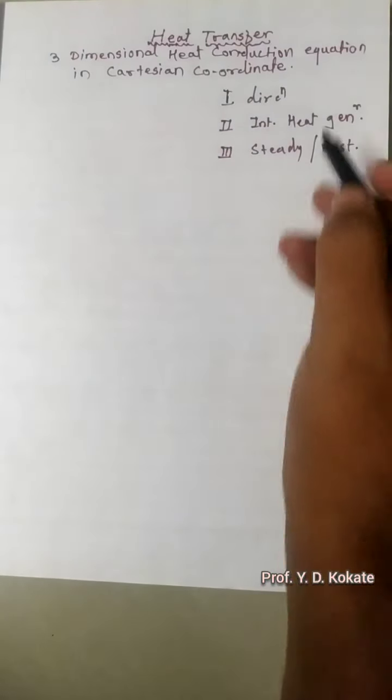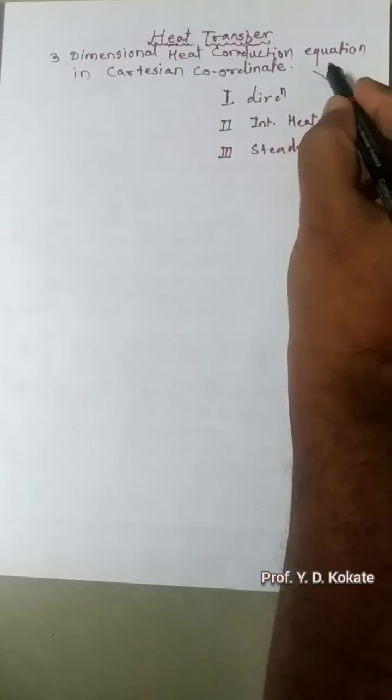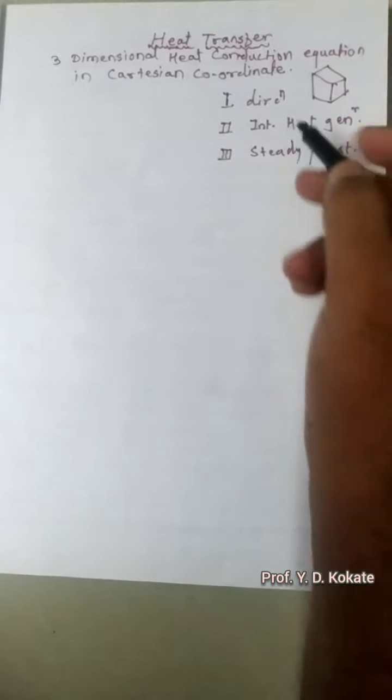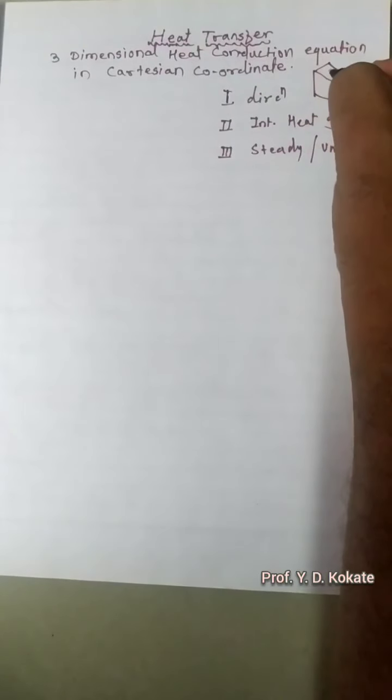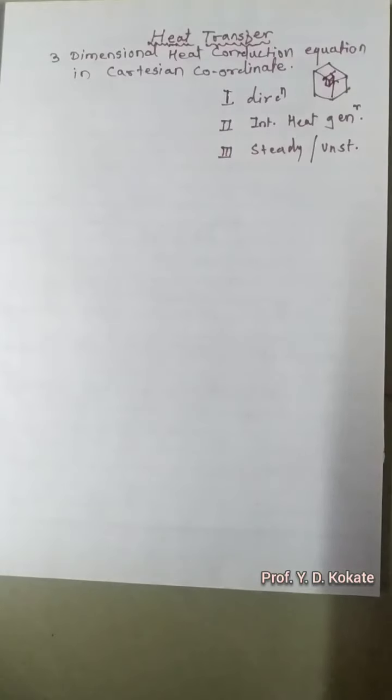So for that purpose, first of all, I am drawing this slab over here. Now this is a big slab, but if I am able to take one unit of this slab and find the heat transfer of this small unit, then with the help of integration I can find the heat transfer for the whole slab.